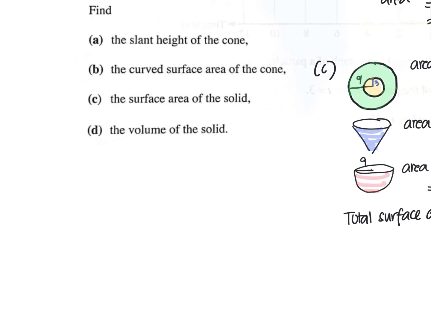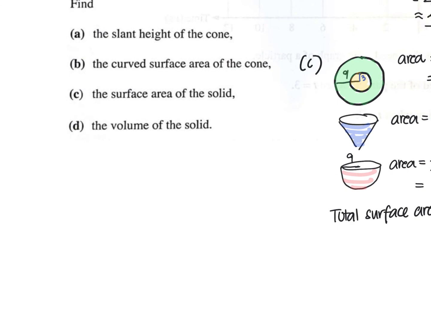Okay, next part of the question, find the volume of the solid. The volume of a solid is easier because you are used to it. The volume will be equal to the volume of the hemisphere minus away the volume of the cone.